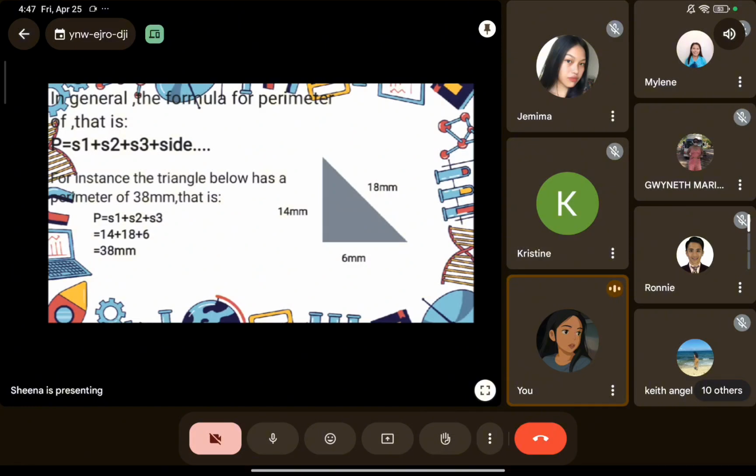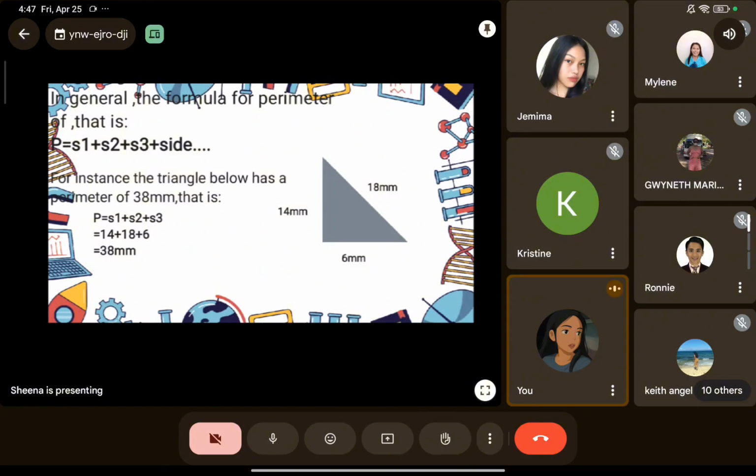So 14 plus 18 then plus 6. So 14 plus 18 equals 32, plus 6 equals 38. So the perimeter of the triangle is 38 millimeters.